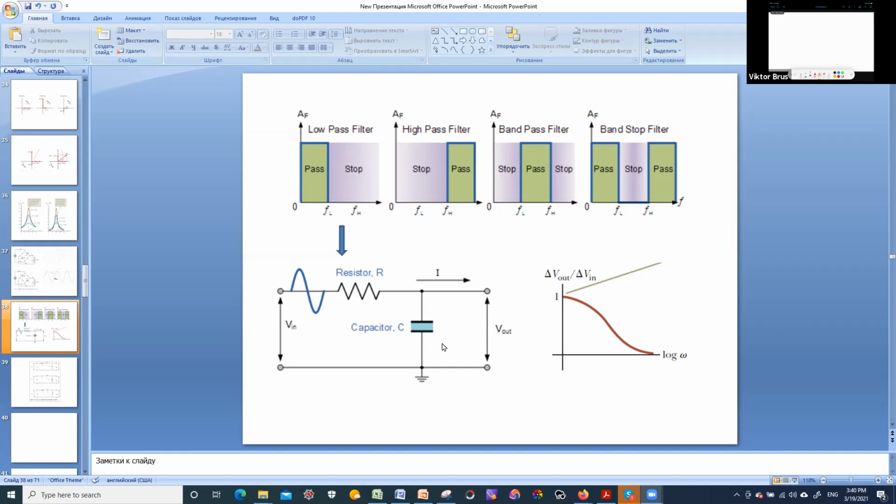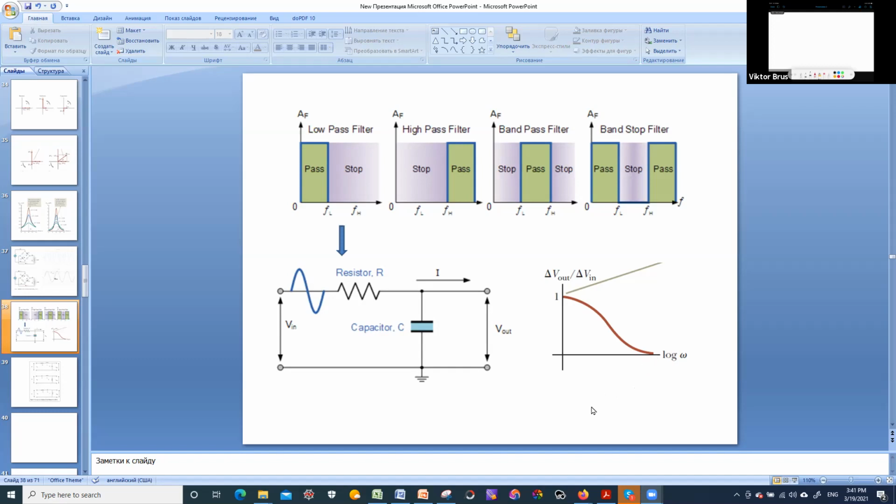At some point, when frequency is very high, capacitive reactance will be very low, because omega is in the denominator for capacitive reactance. And all voltage will drop on this constant resistor. In that case, there will be almost zero, negligible voltage drop over the capacitor, and our output voltage will be negligibly small. So it will go to almost zero.